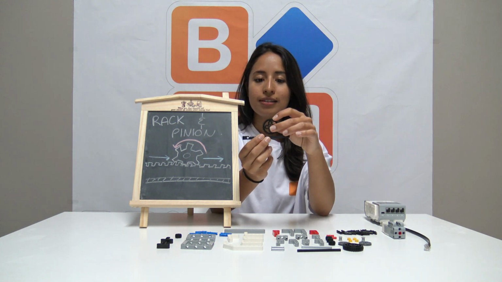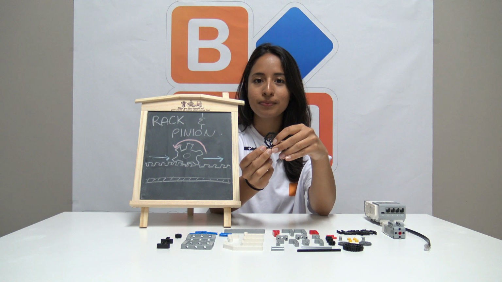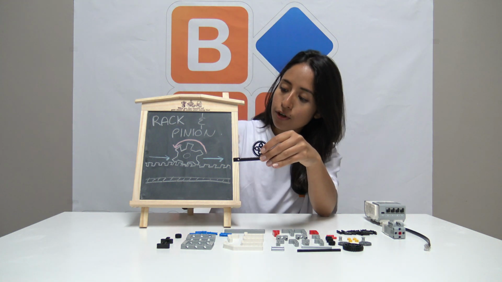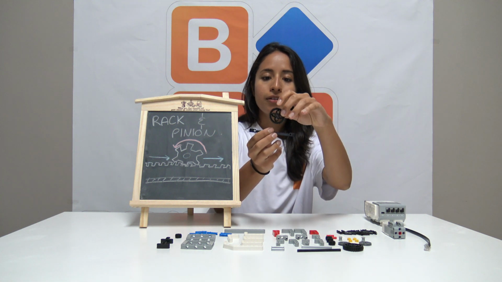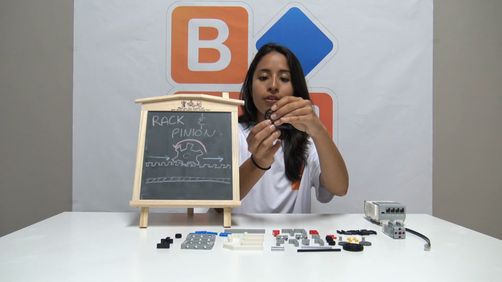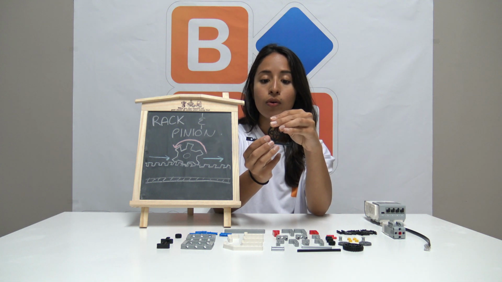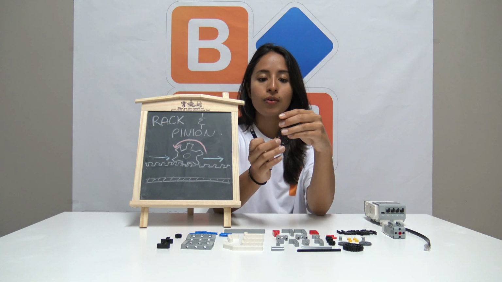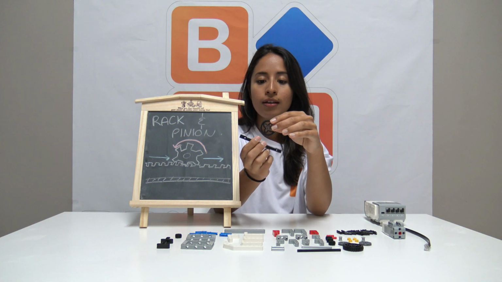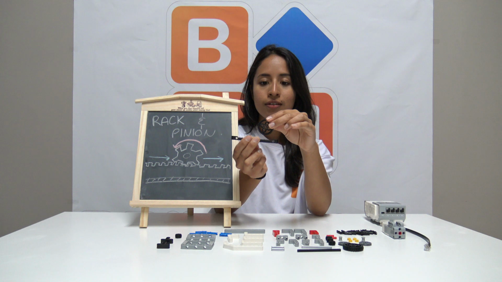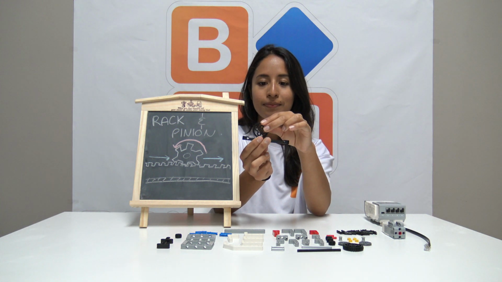Now what do you think this is going to allow us to do? It allows us to turn the vertical motion of the gear, so it's going vertically in a circle, and it allows us to turn that motion into horizontal motion. So as the gear is turning, our rack is able to go horizontally side to side.